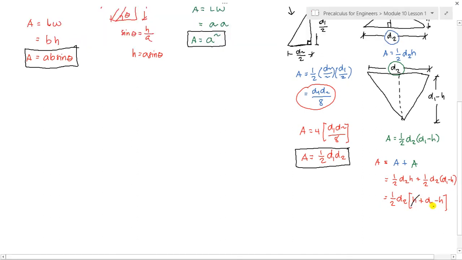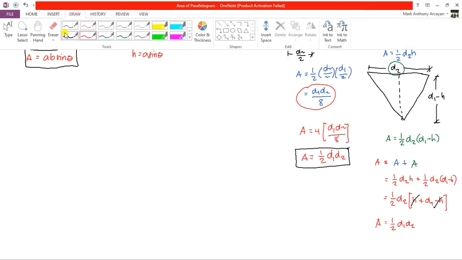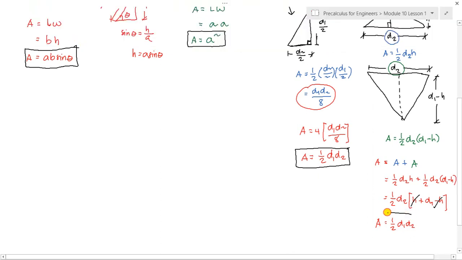Cancel man eh. Therefore, what's left is, ang area sa kite is equal to 1/2 D2 times the D1 na lang dito. So that is D1 times D2.